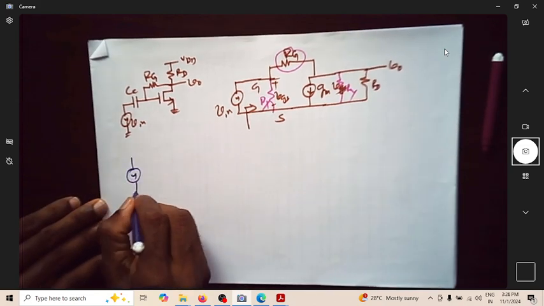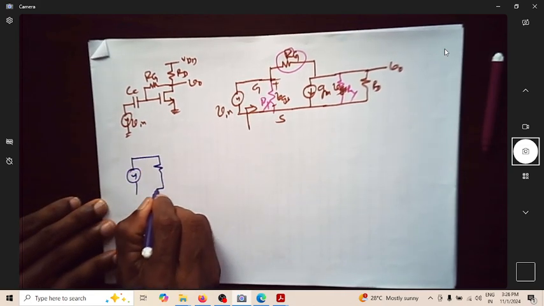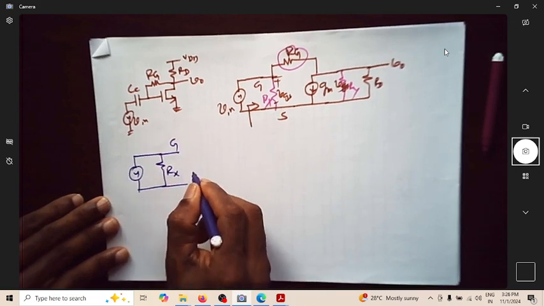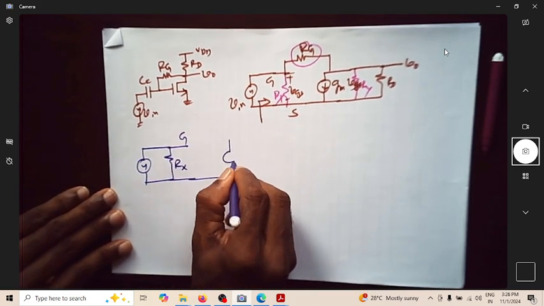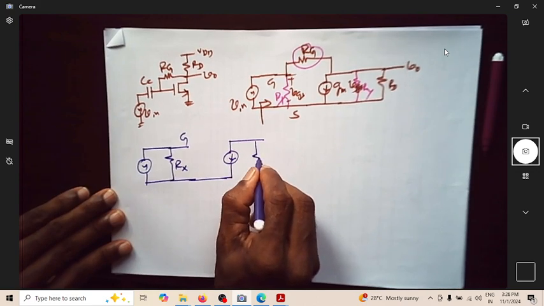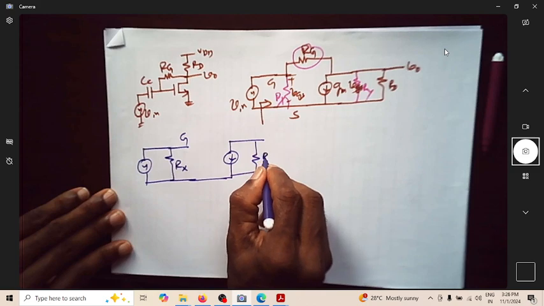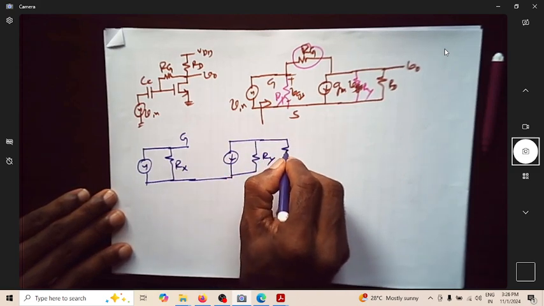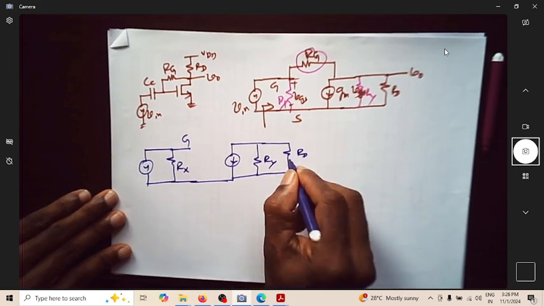This is now Rx, this is gate, this is Ry, and this is RD.